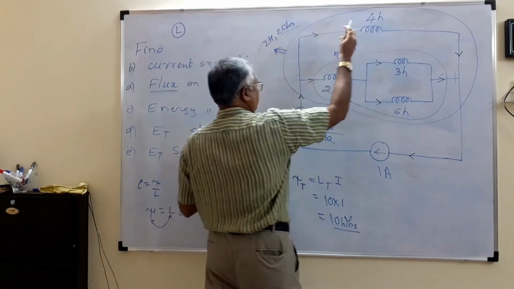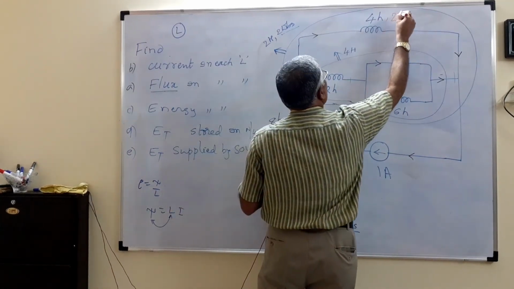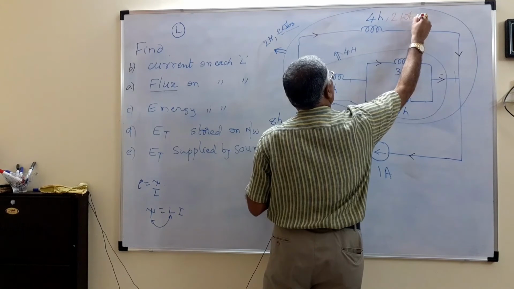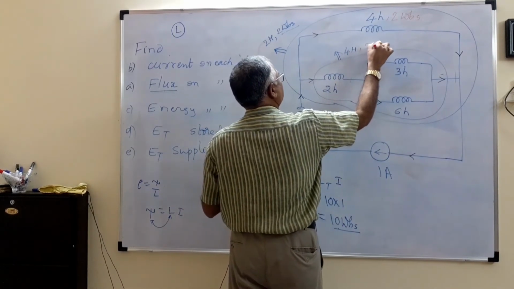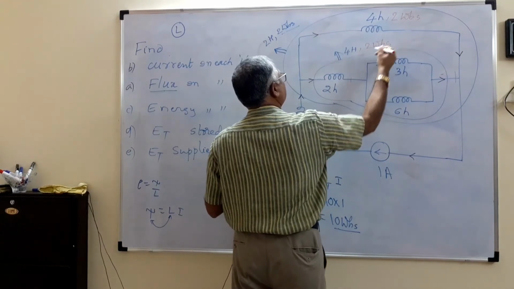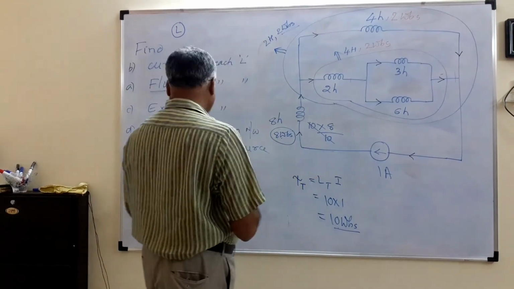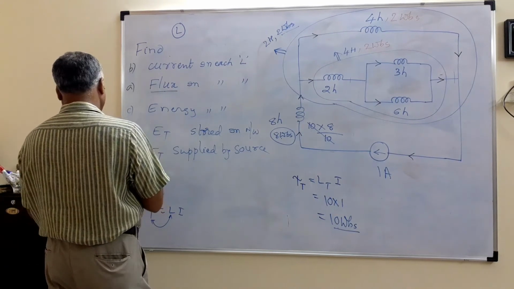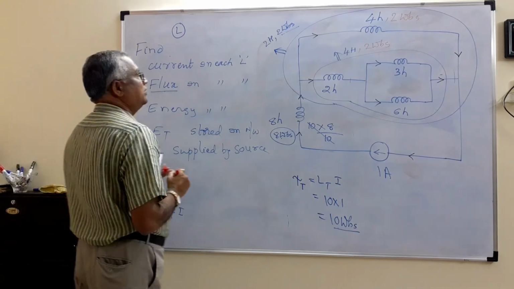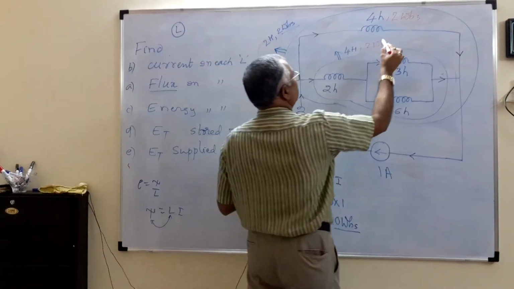So how much is 2 Webers? Here 2 Webers will be there. In this equivalent also 2 Webers, in this also 2 Webers.